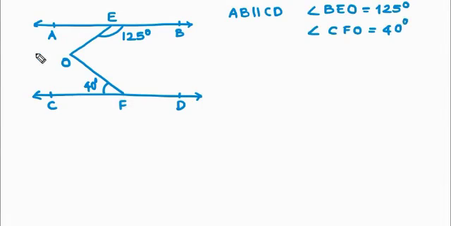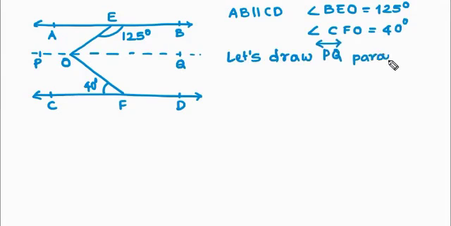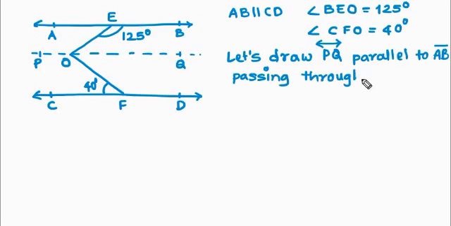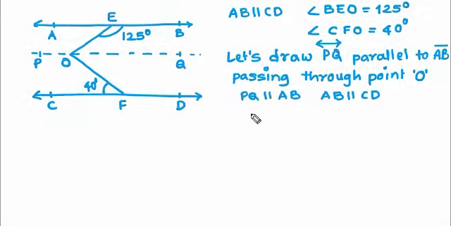So let's draw PQ parallel to AB. So step 1. So now PQ is parallel to AB, but AB is parallel to CD, and therefore PQ is parallel to CD as well.